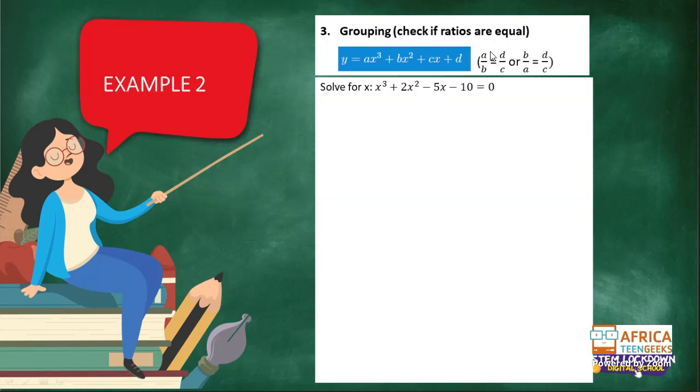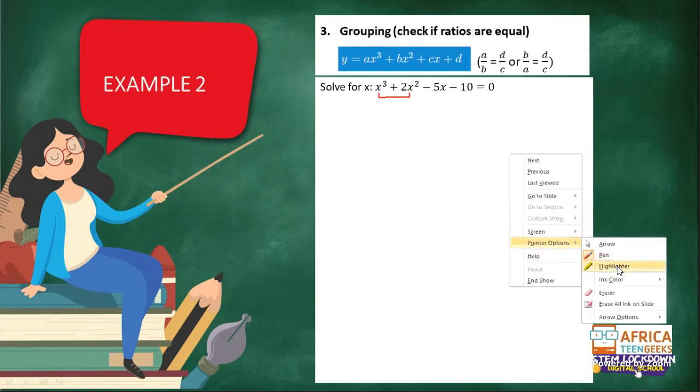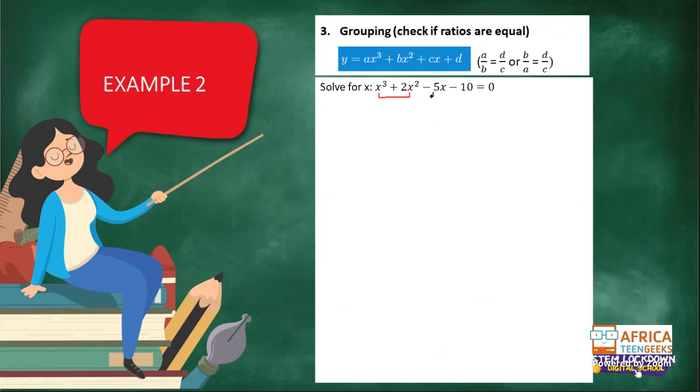Okay, so when you group, you look at these 2 terms, and then you also look at these terms. Okay, so to see if you can group your function, you will check the ratio of A over B to check if it equals D over C. Remember, this is our standard form. So you check the coefficients.